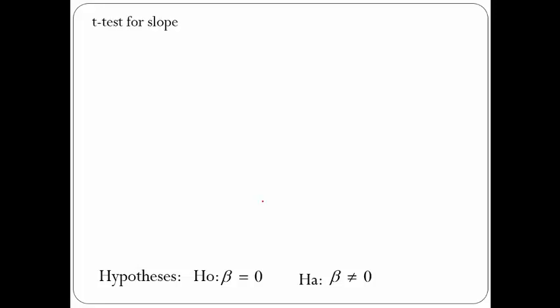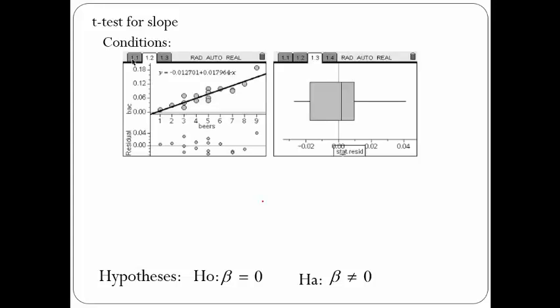It's bivariate data. So let's look at the previous example, with, is there a relationship between the blood alcohol level and number of beers consumed? So we're going to run a t-test for slope. The hypotheses are right there at the bottom. So the conditions. If we went back and we looked, right, here's kind of a split screen of the line of best fit on the scatter plot up top and then the residual plot.